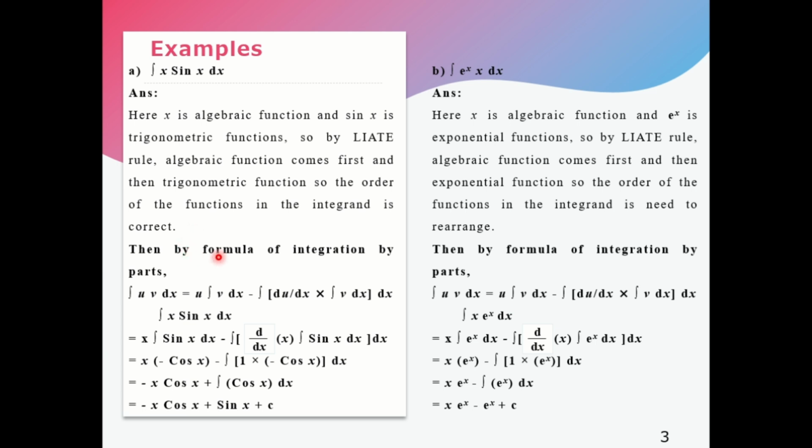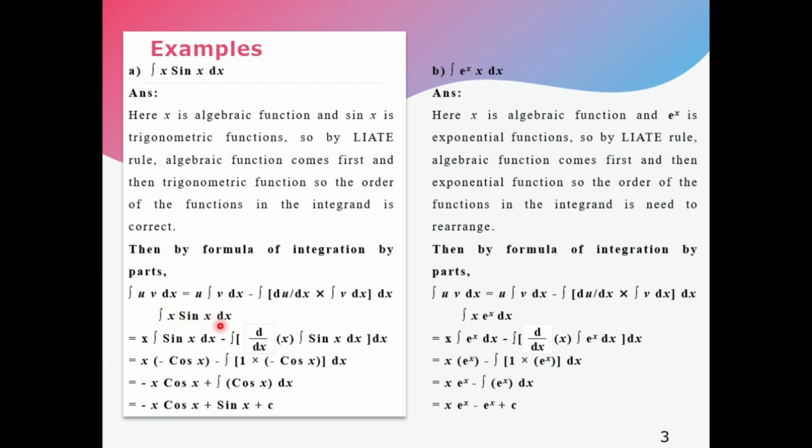Then by the formula of integration by parts, integration uv dx is equal to u integration of v with respect to x minus integration of the bracket, derivative of u with respect to x into integration of v with respect to x, whole integration with respect to x.